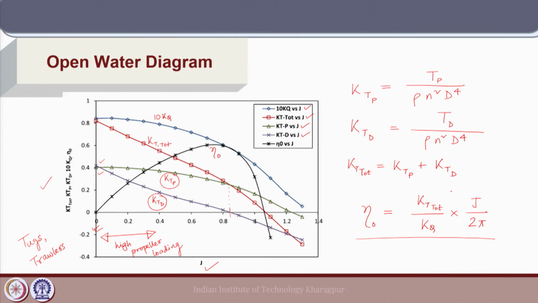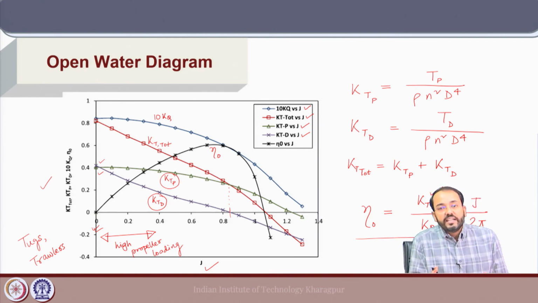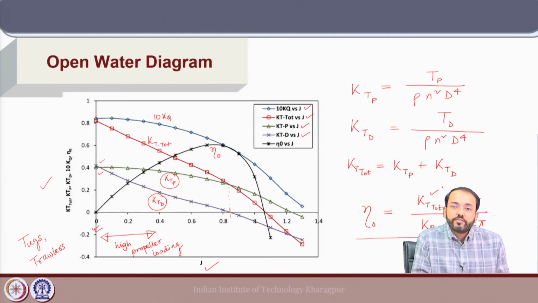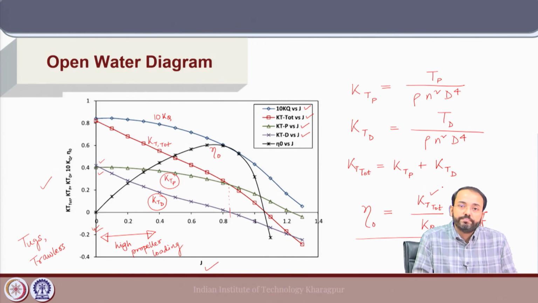The only difference is that we have the total thrust here in the efficiency term. So, the ducted propeller open water diagram gives a representation of the duct thrust, the propeller thrust and the total thrust and torque and efficiency for the ducted propeller system.